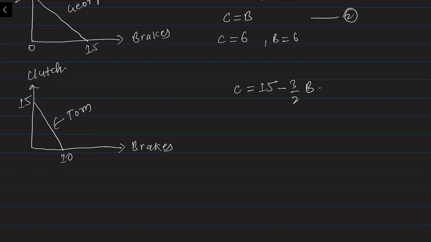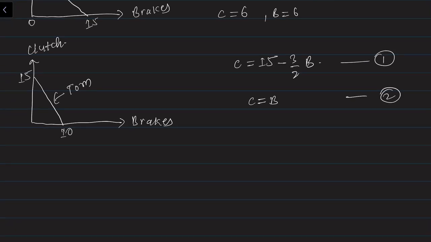Now, for the full units of services, we need to equate clutch equals brake, right? So here we have two equations. We can solve for C and B, and we'll get C equals 6, B equals 6.